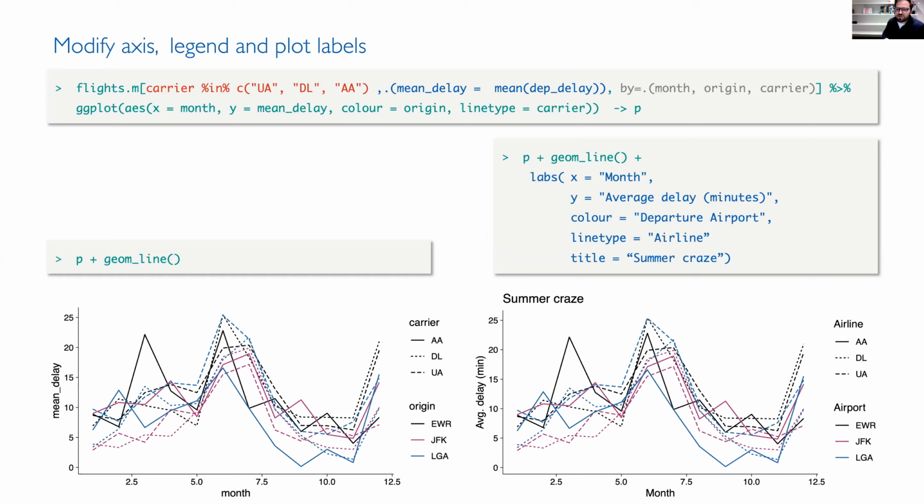That doesn't make much sense. Most of the time, you want to have your own names for the axis and for the colors and for the legends, and specifically including units if you want to publish that, and then you can do that easily with this labs command. And there's also a title command. Here you can add a title and annotate your plot as much as you want.